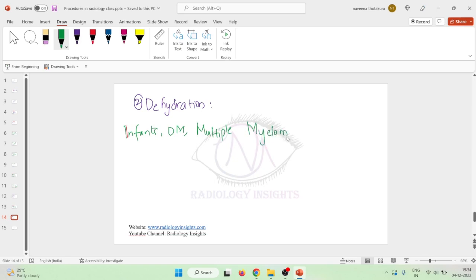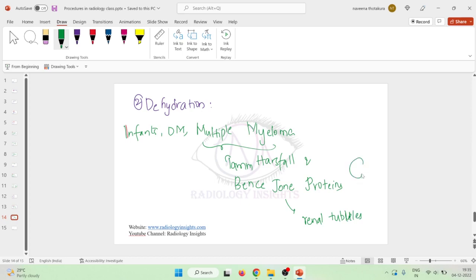In multiple myeloma, there are Tamm-Horsfall proteins and Bence Jones proteins. These proteins are excreted in the renal tubules, and sometimes they can even obstruct the renal tubules.